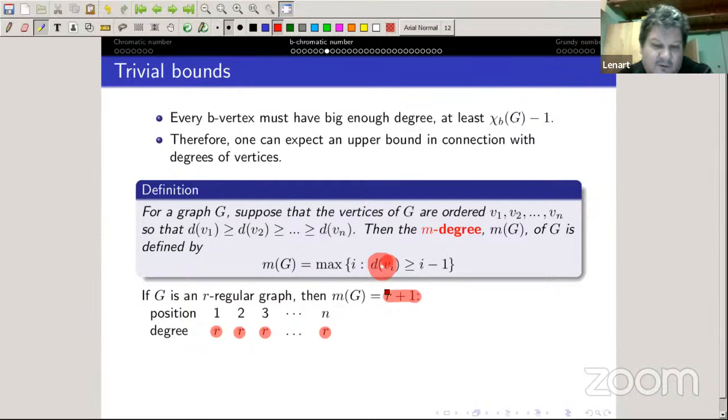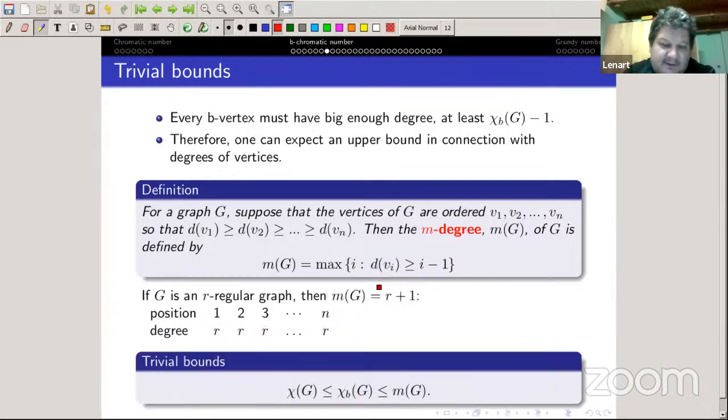And that holds. So for a regular graph, m-degree is always r+1. And now we have these trivial bounds. The lower bound is the chromatic number and the upper bound is the m-degree. And moreover, this m-degree can be computed in polynomial time easily.